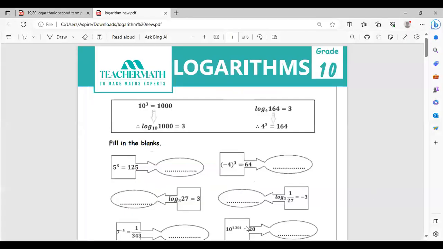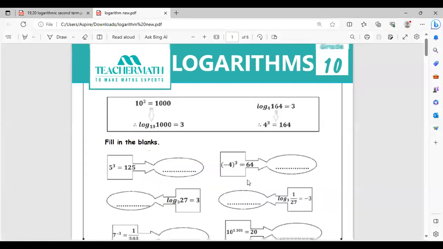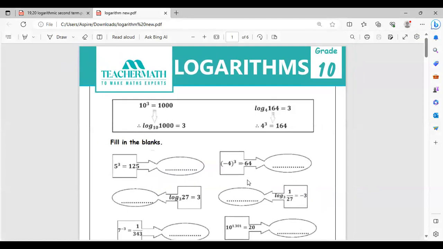Okay. Look at this one in the tutorial. Here, first of all, they have given the conversion of index form into log form. 10 to the power of 3 equals 1000. So this can be written as logarithm of 1000 to the base 10 is equal to 3.